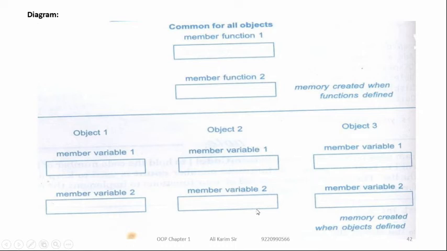The variable has a separate value. Again the S3 object has a separate value but calls the same function. Therefore, these functions will occupy memory one time but will be common for all objects, as many objects as you make. But since the objects make use of variables, the variables will have separate memory for them.